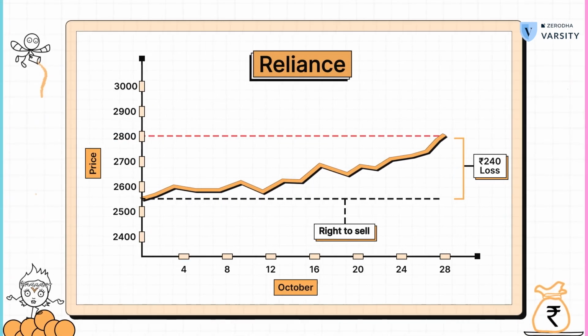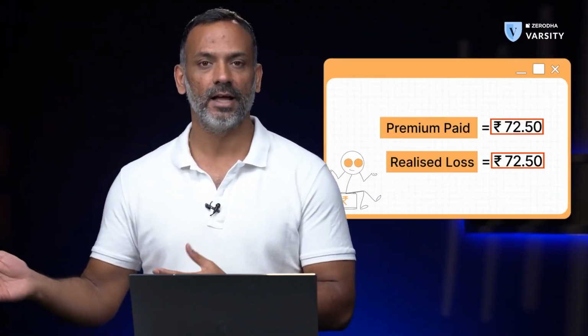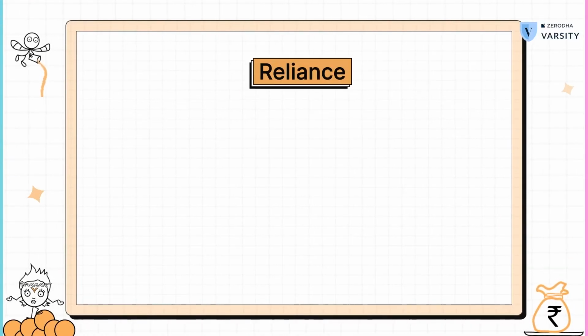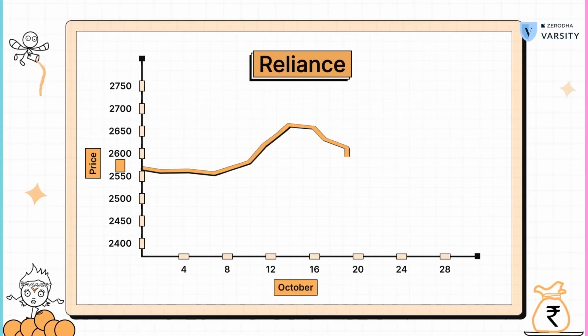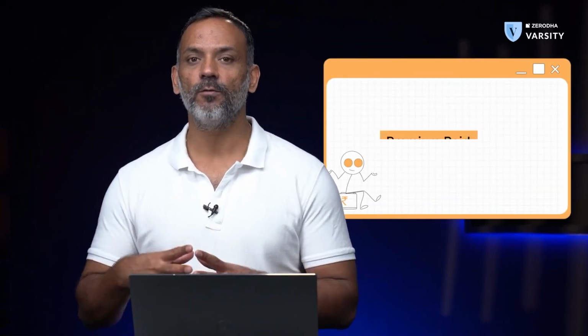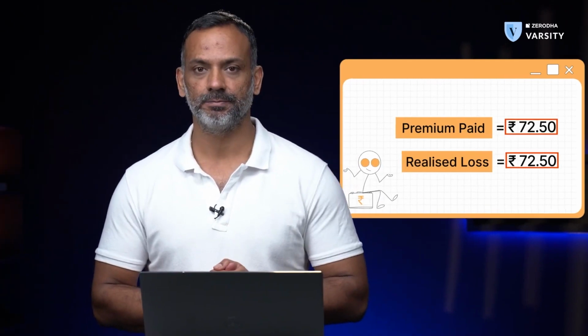Therefore, I will forfeit my right to sell Reliance at 2,560, which also means that I will let go of the premium that I've paid and walk away from this situation. Now let's just look at the third situation. That is, the stock price of Reliance stays flat at 2,560. Now obviously it wouldn't make sense to exercise my right, and therefore I will forfeit the premium that I've paid and walk away from the situation.